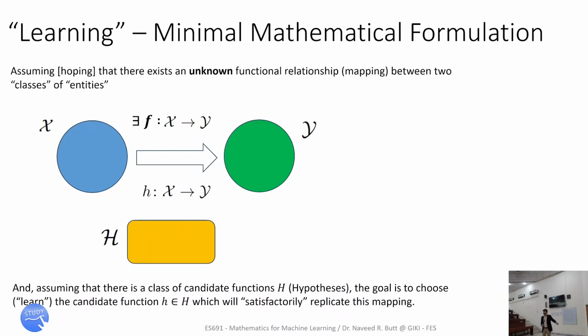There is a bag, आपके पास कोई structure है, there is a bag of hypotheses, basically functions, candidate functions, and from that bag you are going to pick one that is the best. What is going to define the bag?